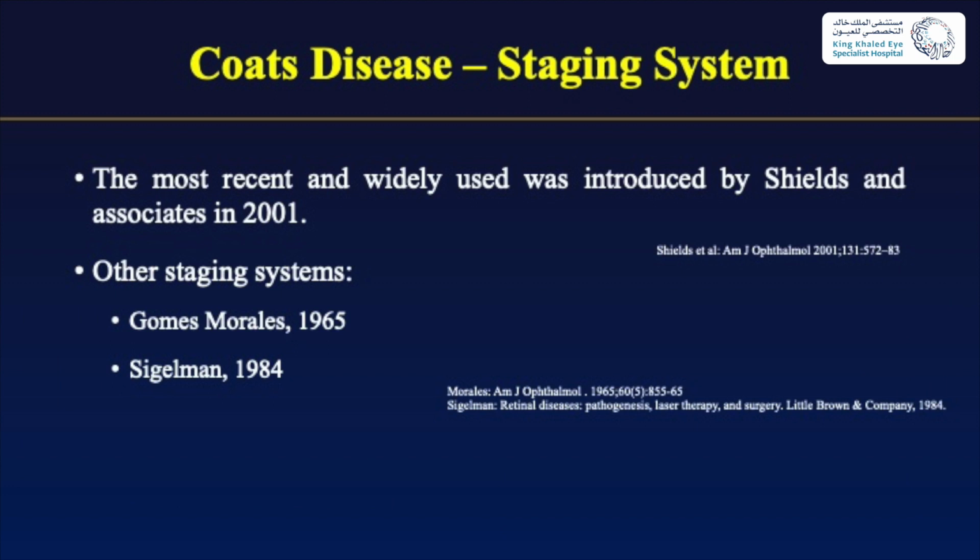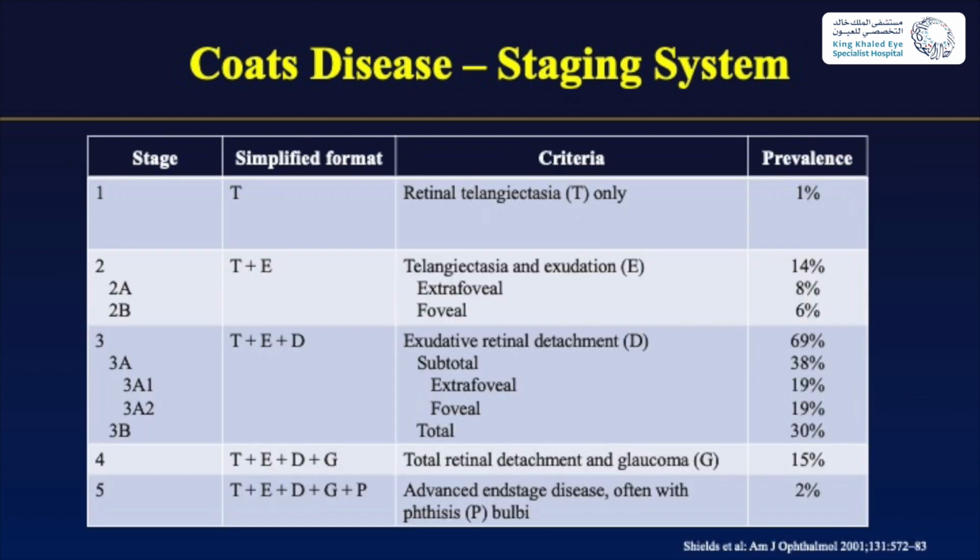The most recent and widely used staging system was introduced by Shields and associates in 2001. Other staging systems are not currently used. This staging system consists of 5 stages. In the first stage, and we have a simplified format, you will have telangiectasia alone. This is stage 1. When you have exudation, this is stage 2, which could be extrafoveal or foveal.